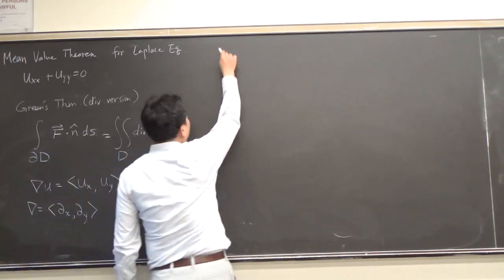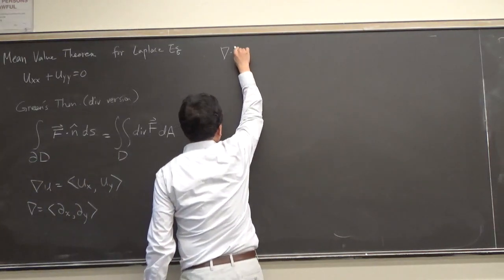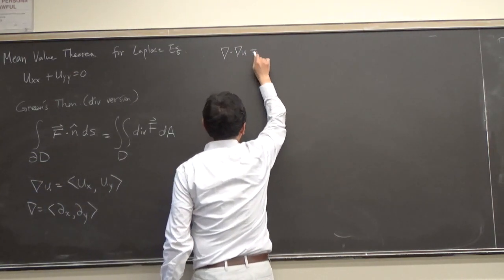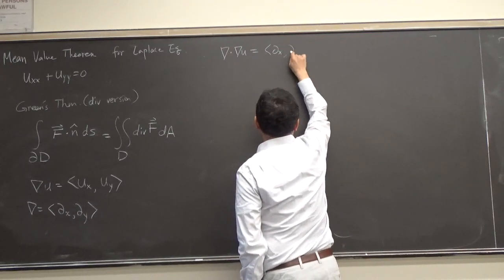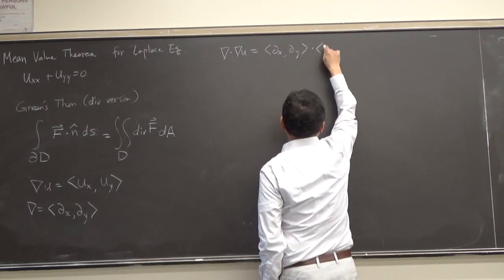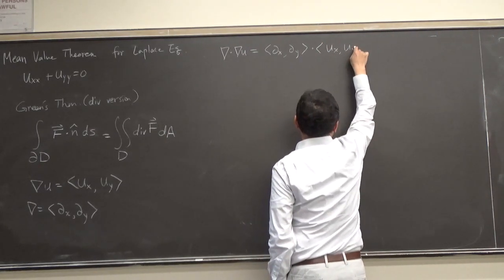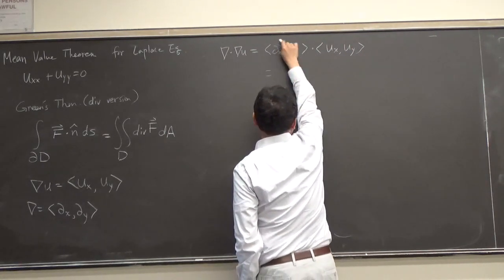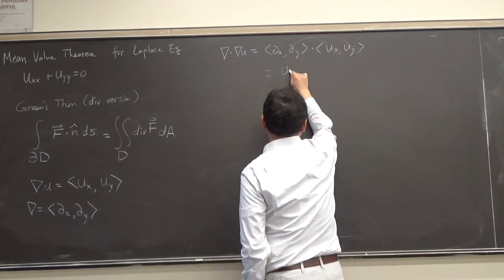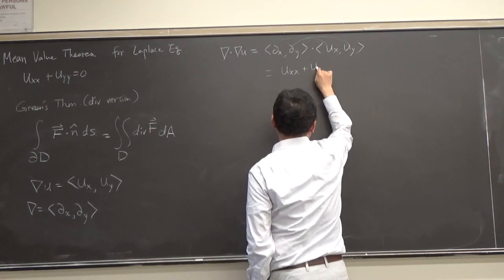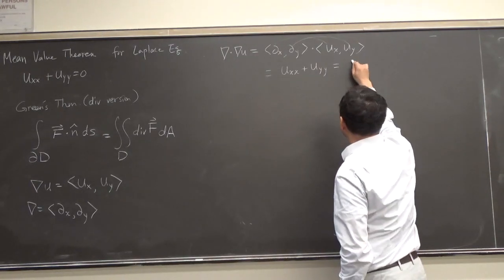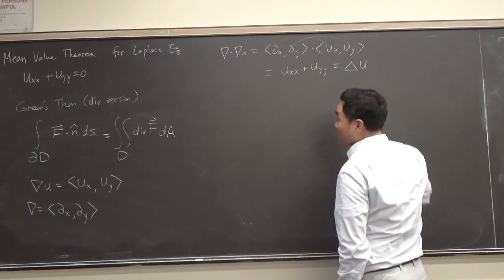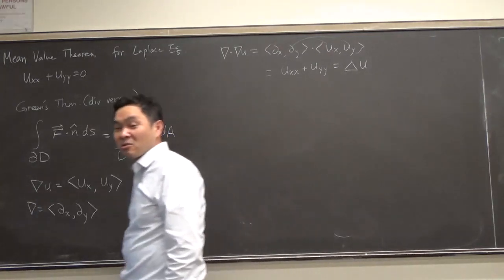And if you do nabla dot nabla u, what do you get? You get the dot product between these two things, so that dot product is component-wise multiplication and you add, right? So you get the usual Laplacian, and we write the Laplacian as a triangle.